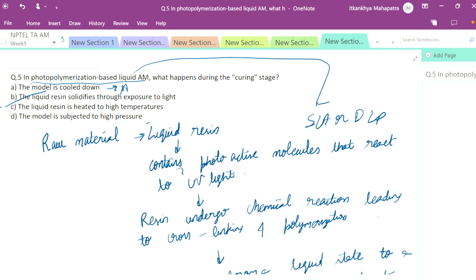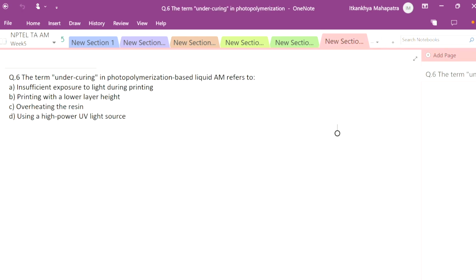The primary factor involved in curing is exposure to the appropriate light source. Now, the next question. The term undercuring in photopolymerization based liquid AM refers to what? Does it mean insufficient exposure to light during printing, printing with a lower layer height, overheating the resin, or using a high power UV light source?